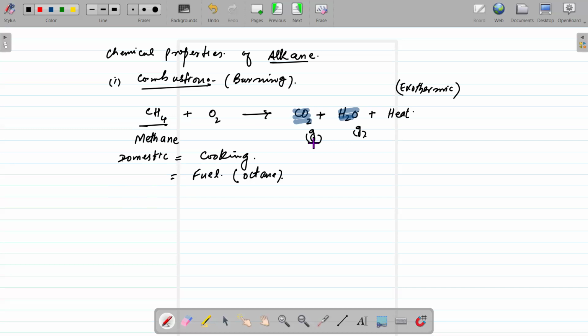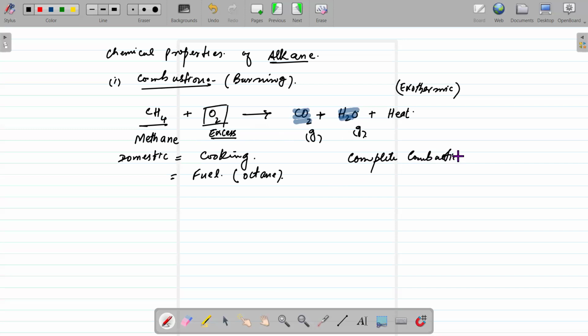Is it clear? And remember, this combustion reaction has two different types. For example, if we have oxygen in excess, right? It will give us carbon dioxide and water. We call this type of combustion reaction complete combustion.